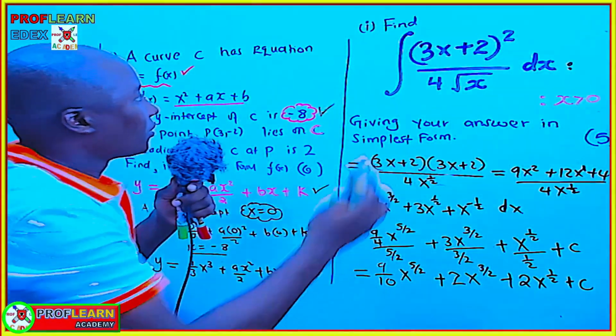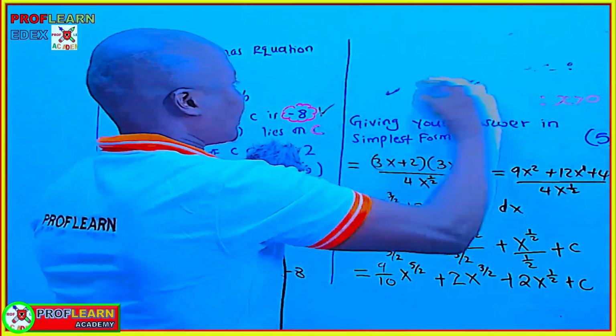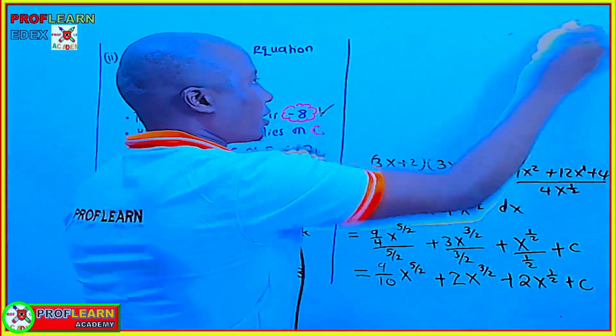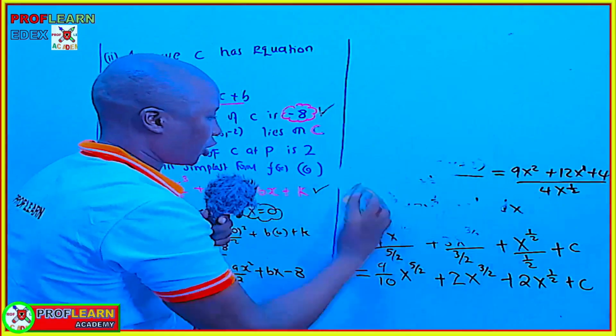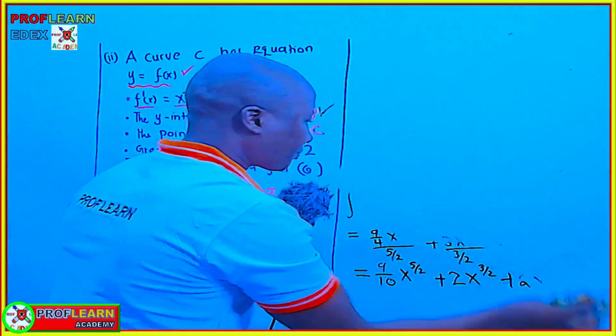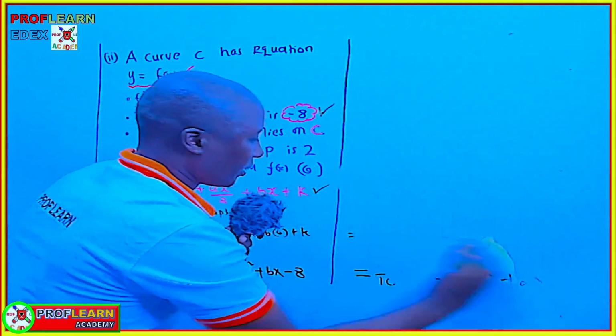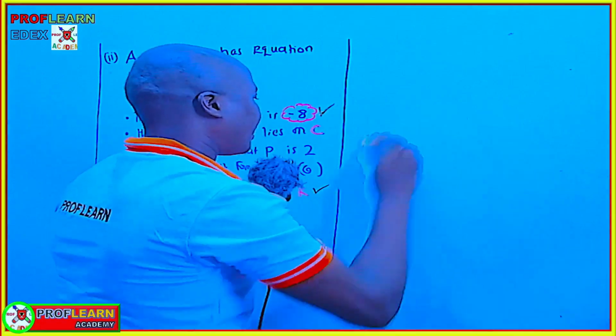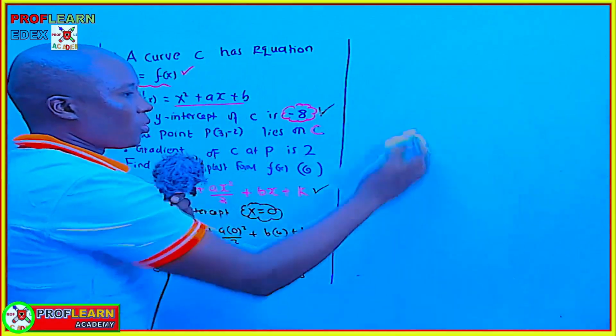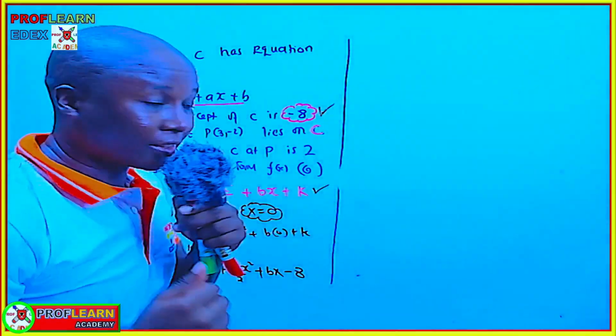Let me show you in 2 easy steps that we are going to use to find that. Now, remember we were told the gradient of the curve, and also we were given the point where this curve C passes.